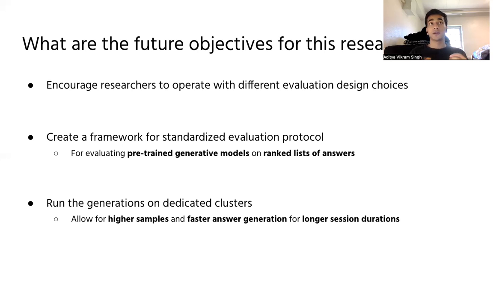We also want to run the question answer generations on dedicated clusters instead of our local machines or a smaller cluster on Google Colab, because that will allow us to do it with high samples, which indirectly means that we'll have more training done and probably better performance. At the same time, it will also be faster and probably last for longer session durations. Therefore, we will be able to set even higher samples and even higher epochs.